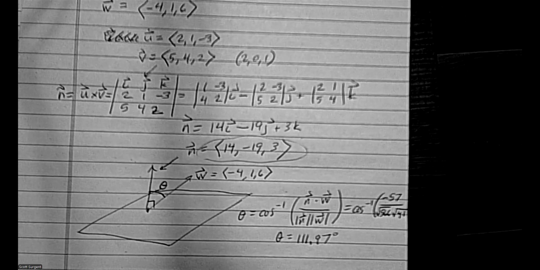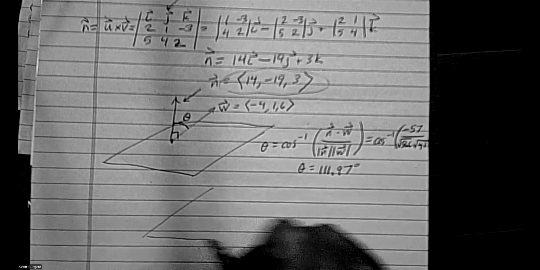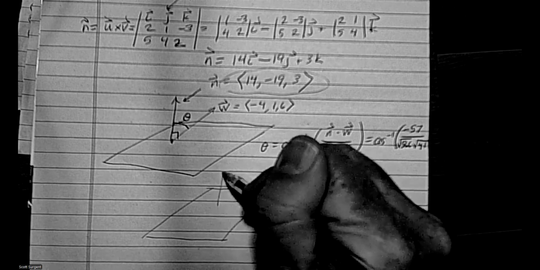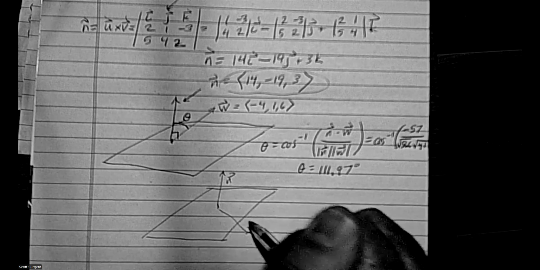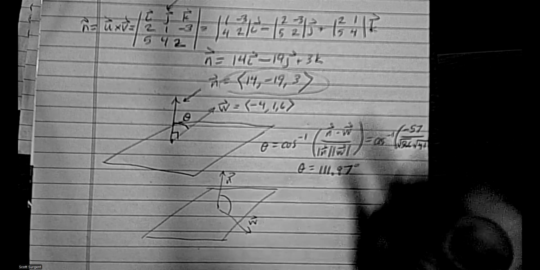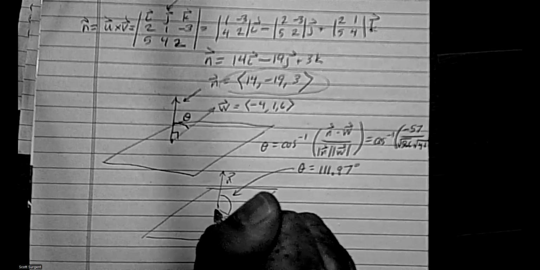Now, here's what's going on. I had no idea when I drew this picture what it was going to look like. It turns out that these are obtuse angles. Now that I have the angle, if the n vector's here, my w vector is actually down here, and it's created an obtuse angle of 111.97 degrees.